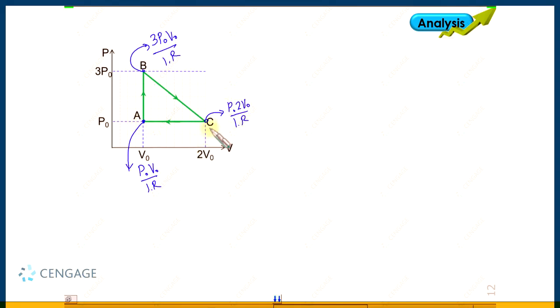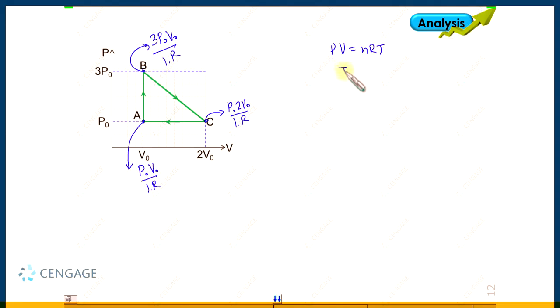That means up till now the temperature is highest at this position, but we do not know what will happen to the temperature from B to C. That means we need to investigate whether the temperature will be highest anywhere between the process B to C or not. For this purpose, what we need to do? We can write PV equal to nRT, right.